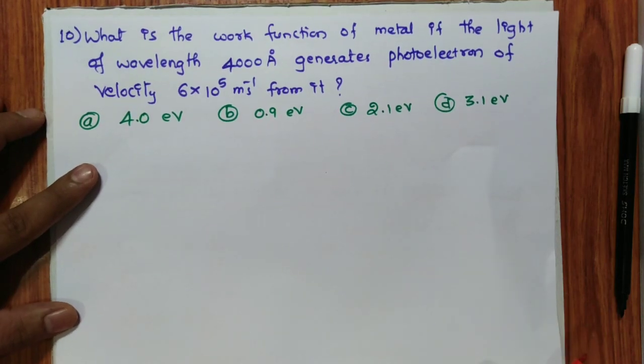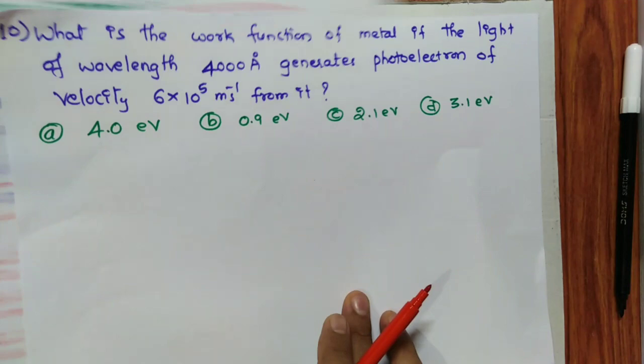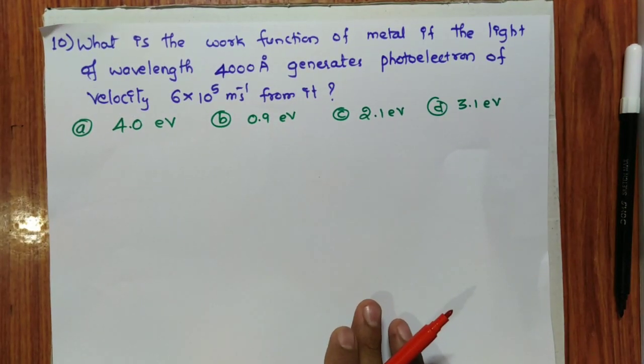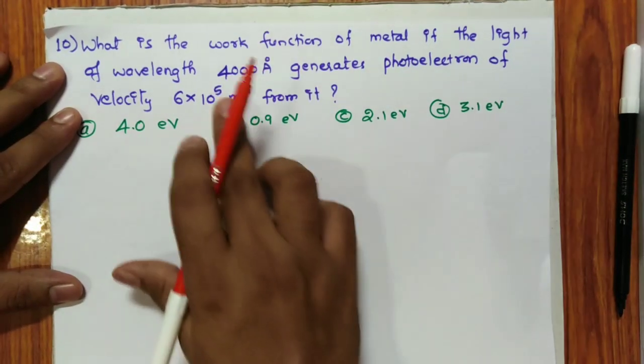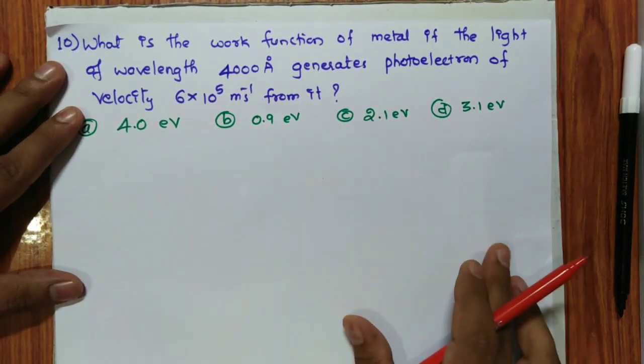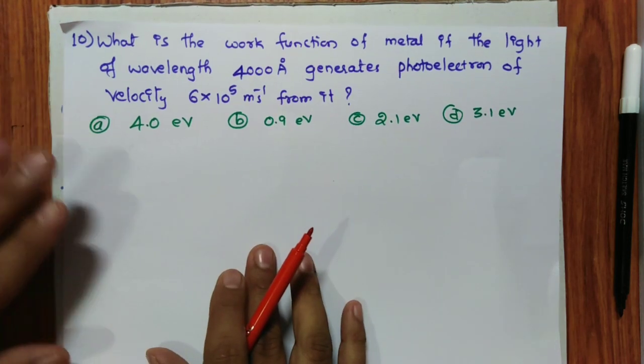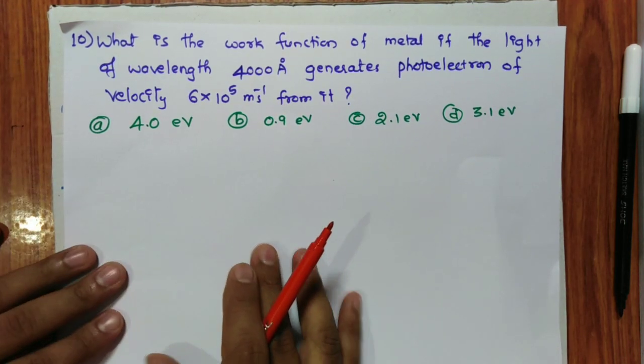The question number 10 is, remember, what is the work function of the metal? If the light of wavelength 4000 angstrom generates photoelectrons of velocity 6 into 10 to the power 5 meter per second from it. So, very important, very simple formula, simple question.